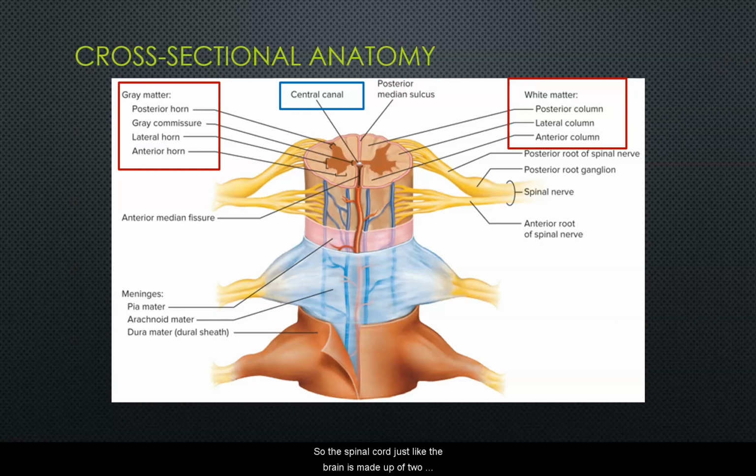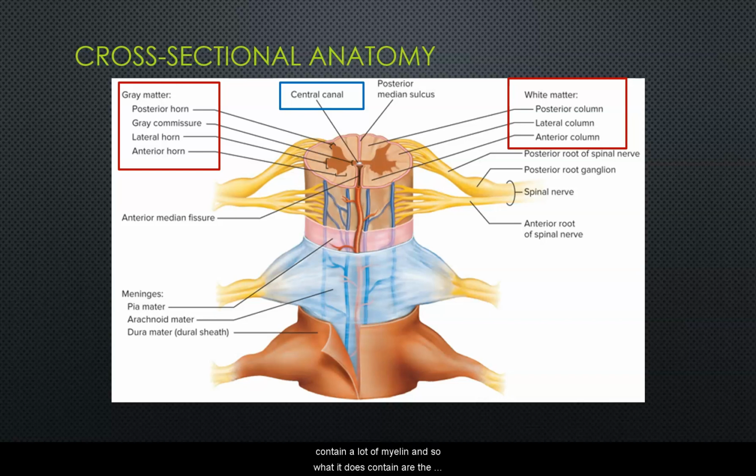So the spinal cord, just like the brain, is made up of two kinds of nervous tissue: gray matter and white matter. Now, gray matter, as you can see sort of in this darker brown color, is what it looks like when it is stained, but if it was not stained, it has a relatively dull color because it doesn't contain a lot of myelin.